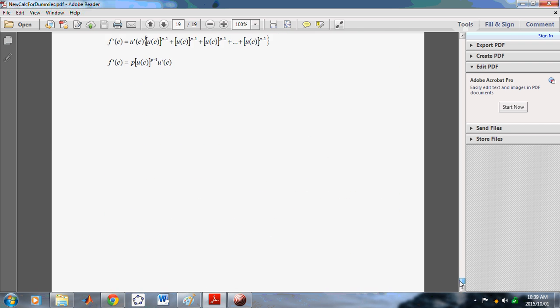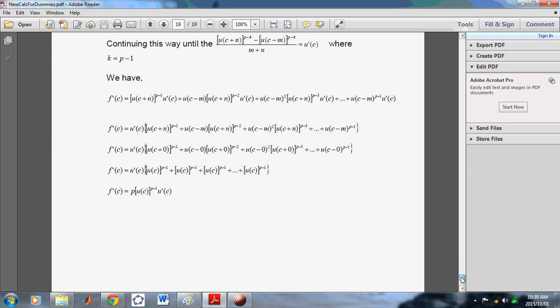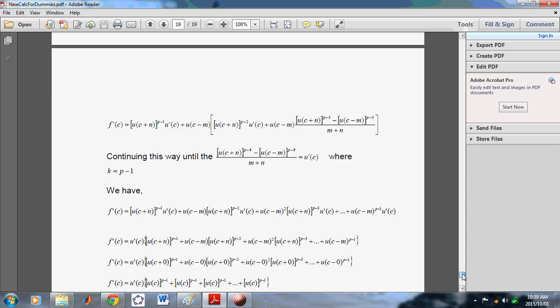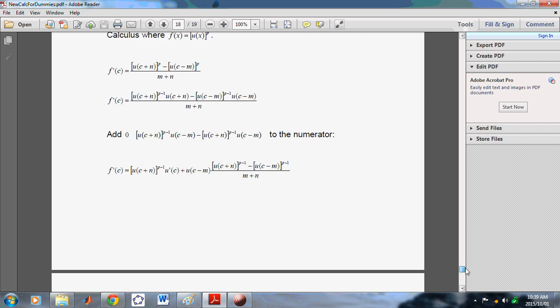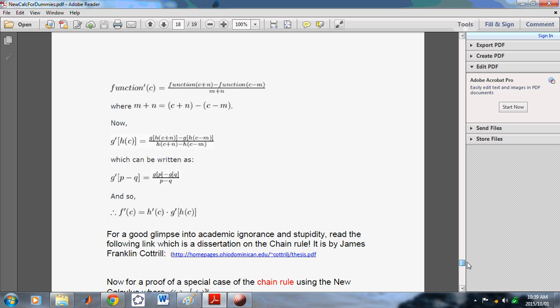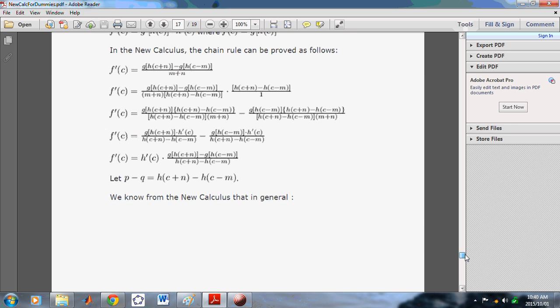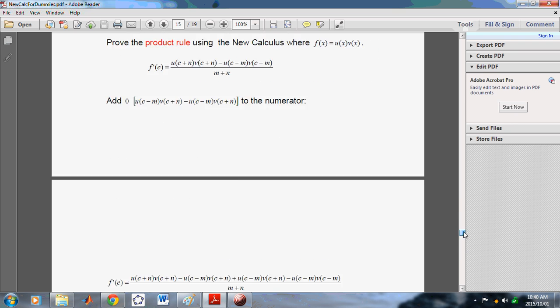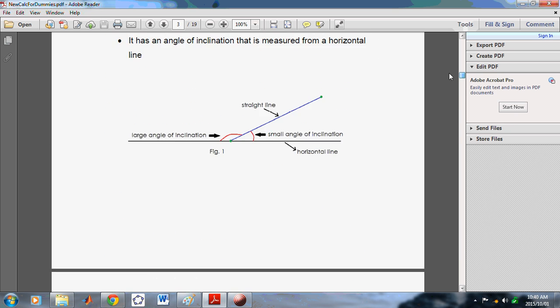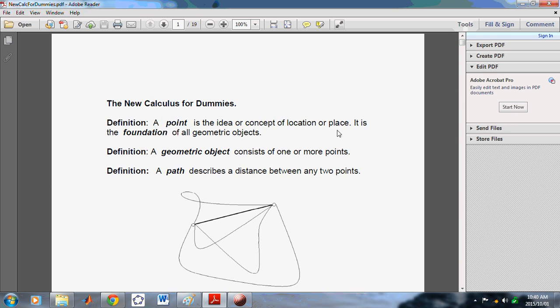So this is a little more than what was intended for this document, but it's right at the end and not necessary if you're just getting used to an introduction to the new calculus or to calculus itself. So you can take a look at this new calculus for dummies and learn how the new calculus works.